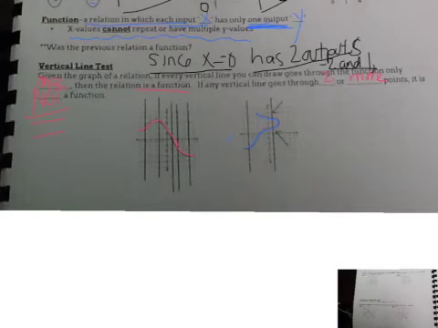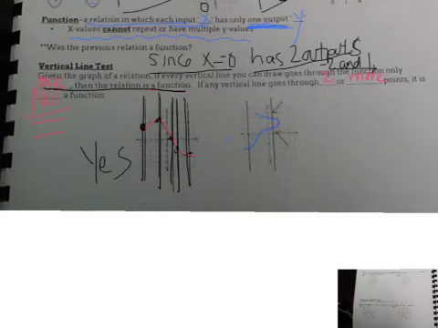So let's look. We've got our first graph, this red graph here. If I draw vertical lines through that graph, it touches once, it touches once, it touches once, it touches once, it touches once. If every vertical line goes through the function only once, then the relation is a function. So we would say, yes, this guy is a function.